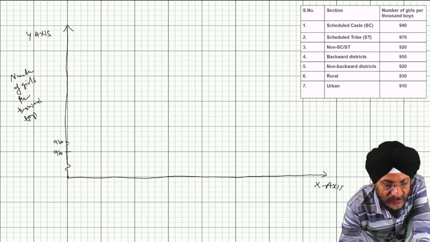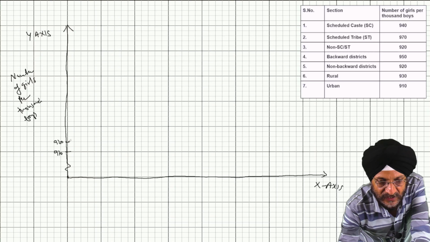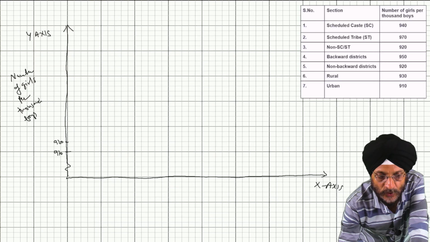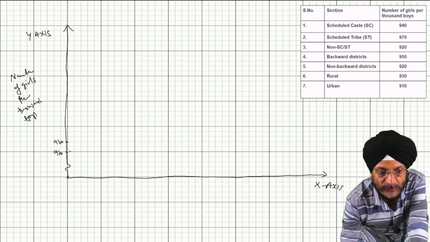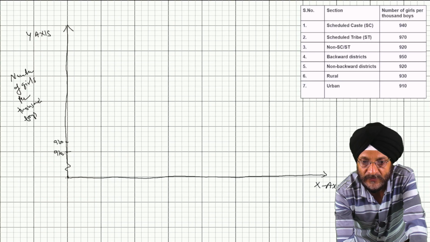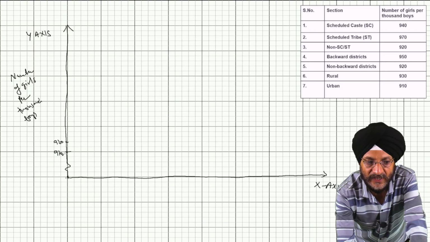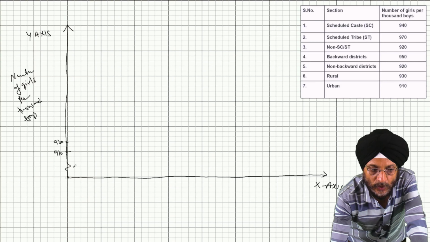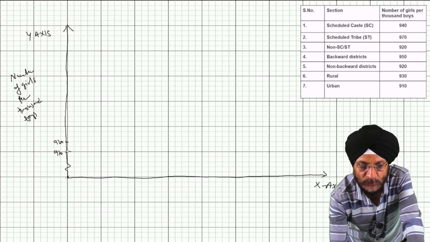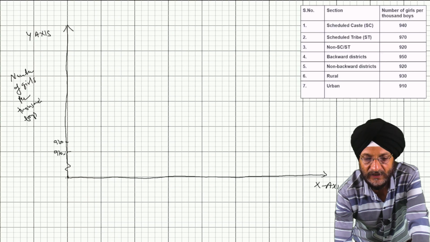So when this difference is 10, how is it 910? We assume that from this point to this point, the number of girls is 910. So this is the purpose of the kink, that we assume that up to this point the number of girls will be 910.